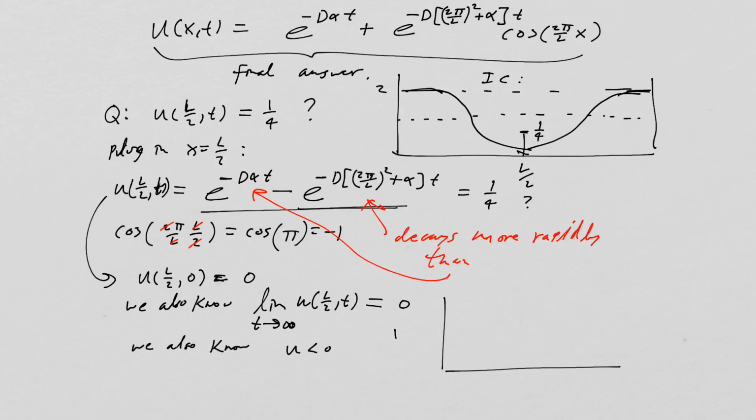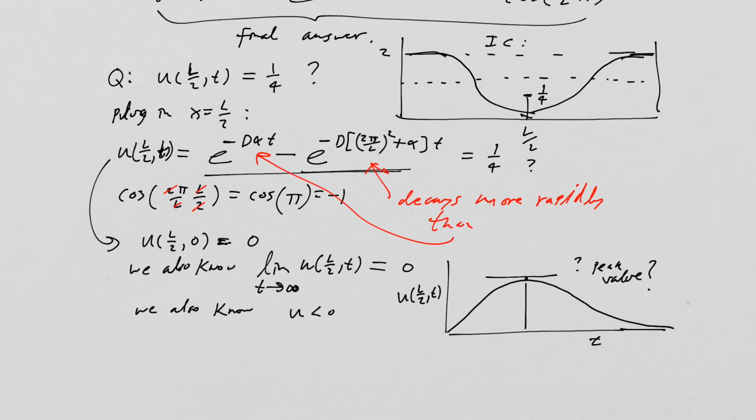So this is u at L over 2 comma t. It should probably look something like this, as a function of time, right? So the question is, at its peak value, what is that peak value? Let's see if we can figure that out.